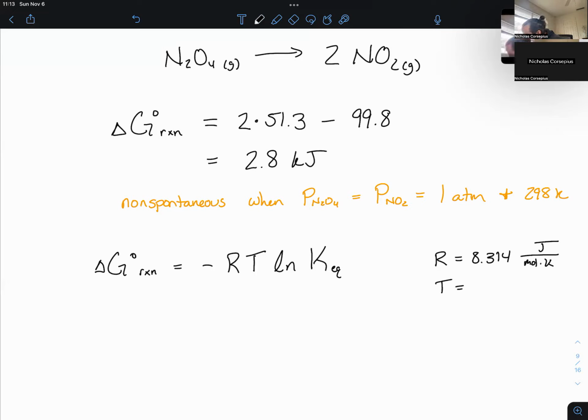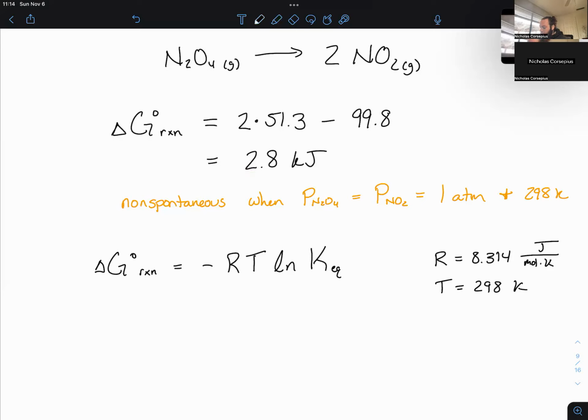So we're going to need to convert that by dividing R by 1,000. And temperature, in this case, first of all, has to be in Kelvin. But for delta G naught, I'm specifically talking about that standard condition of 298 Kelvin. So this would be how we would solve for delta G if we had the K. But now the delta G is the easy thing to find, right? We can always use our table to get our delta G naught.